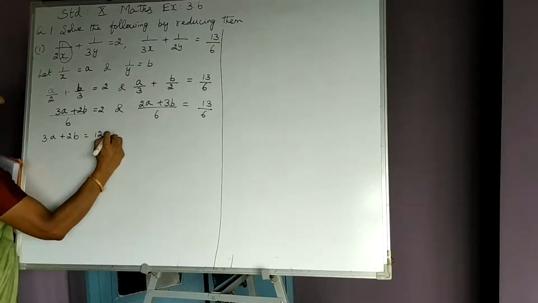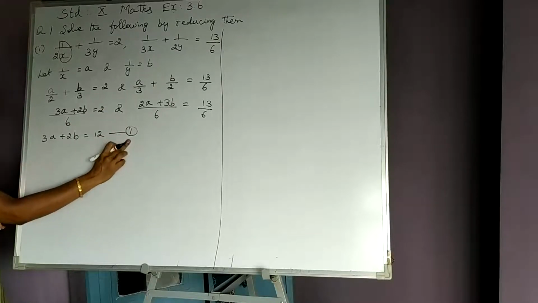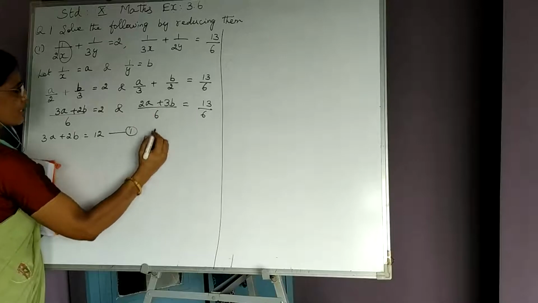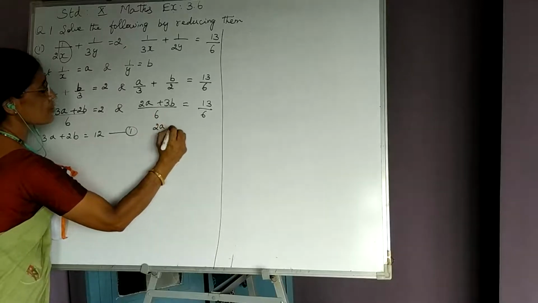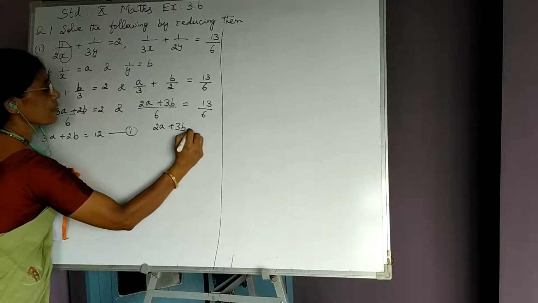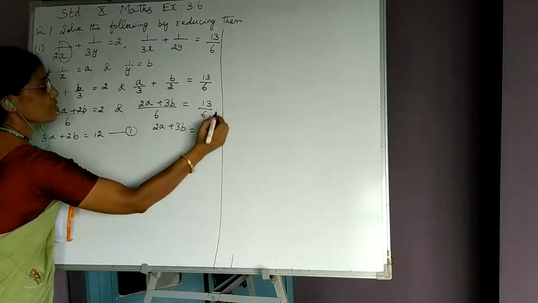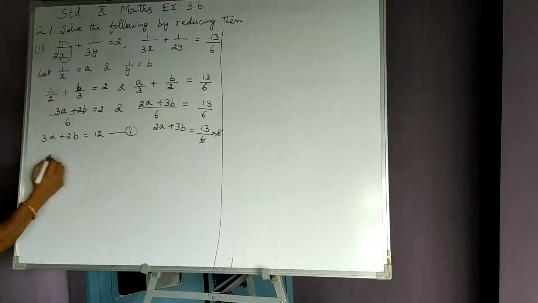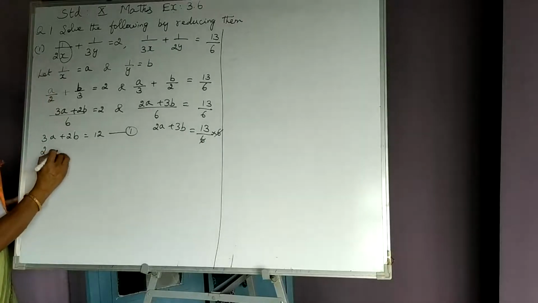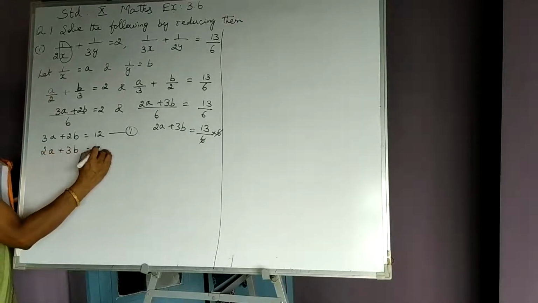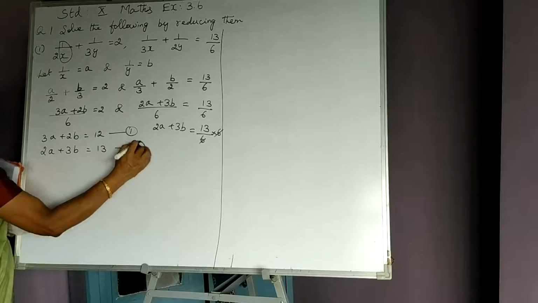I have cross multiplied. This I am going to name as equation number 1. Here if I take, it becomes 2a plus 3b is equal to 13 upon 6 into 6. The 6 goes here. So 6 gets cancelled. My second equation is 2a plus 3b equal to 13.